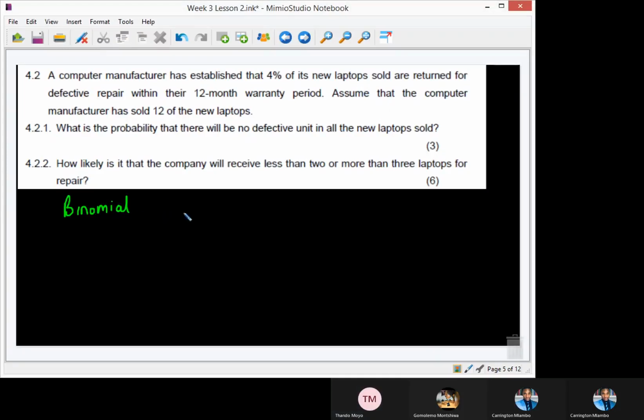If it is binomial, now you know your formula. Probability for x is given by nCx p to the power x, open bracket, 1 minus p, to the power n minus x. Now the question is saying, what is the probability that there will be no defective unit at all? So what is your p?